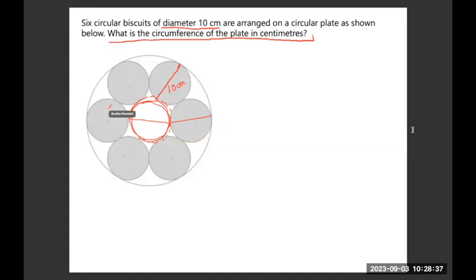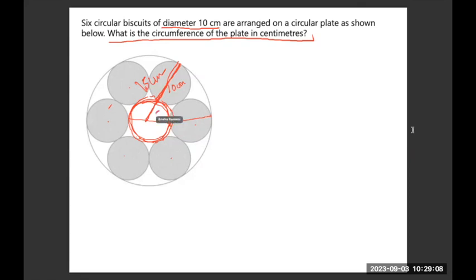If the circles are not overlapping and they are fitting as they are, then the same circle will come inside these edges like this, and it will be of the same size as the outer circle. Which gives me the radius of the outer circle to be 15 centimeters. The radius of the outer circle is 15 centimeters.